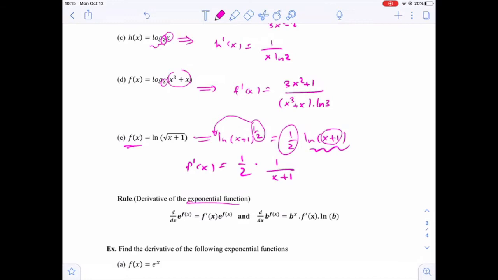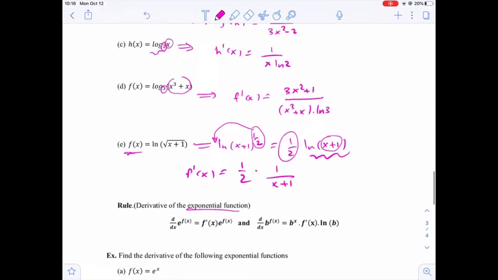Now what about derivatives of exponential functions? For an exponential function, if we have e raised to the f of x, then we find the derivative of the power f of x, which gives f prime of x, and then we multiply by the same exponential function. In general, this is how we write exponential functions, a to the power x.